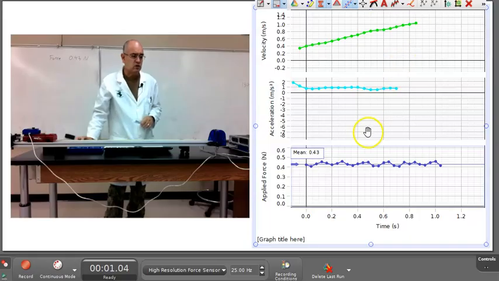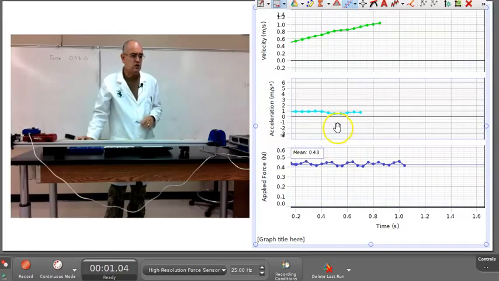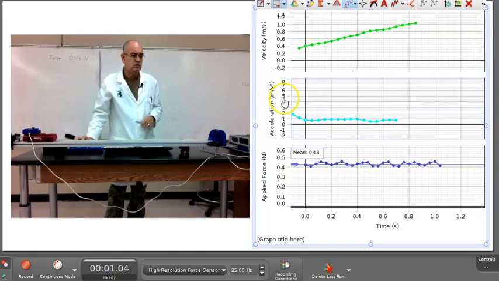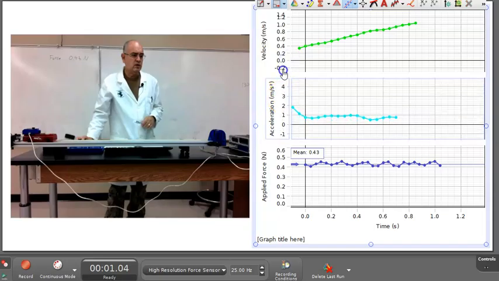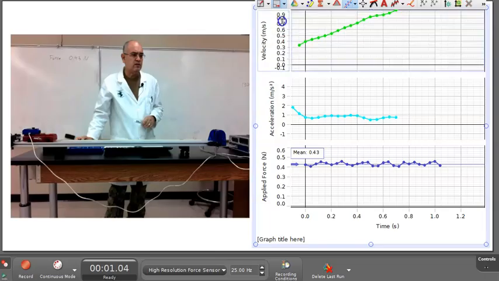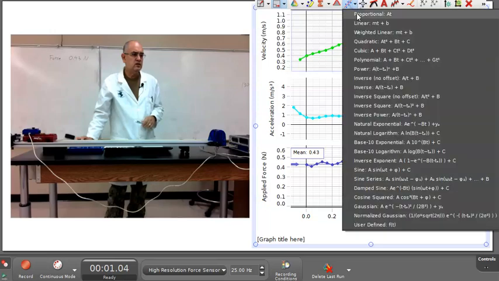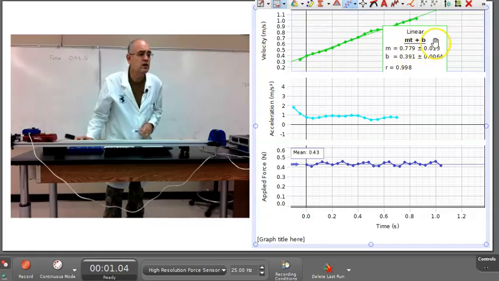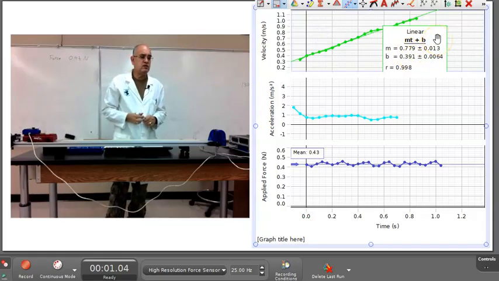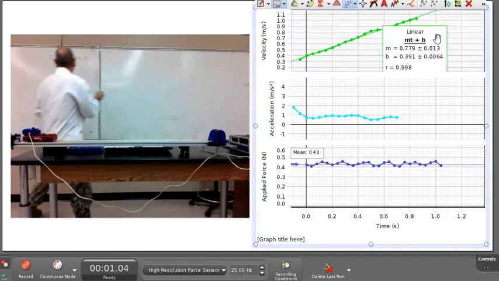Well, there's 2 ways of determining the acceleration. I can use the average acceleration, or I can use the slope of the velocity graph. So let me go ahead and use the slope of the velocity graph. In my opinion, that gives us a more precise answer. So we'll just click on that, turn on the line fit, and we get a slope of 0.779 meters per second squared.